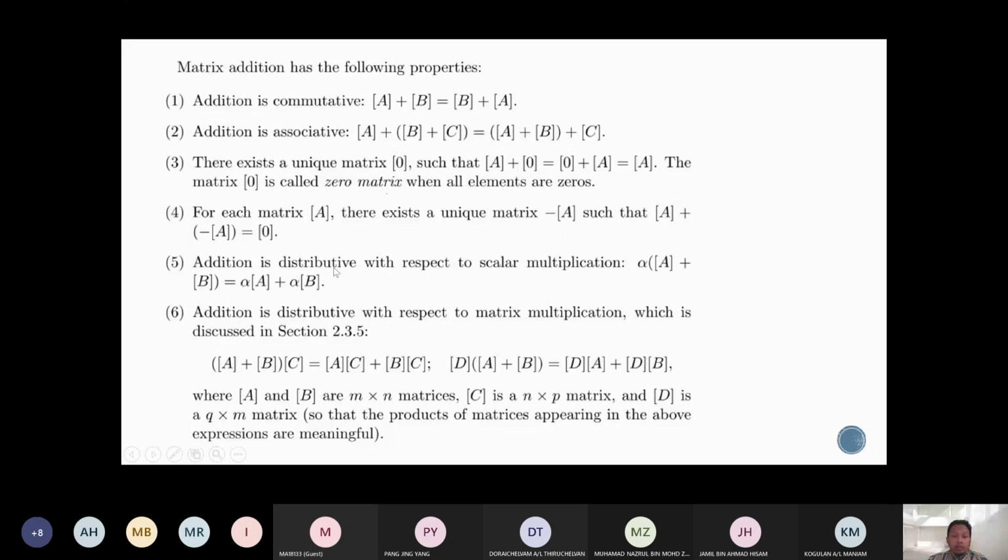Addition is also distributive, similar to addition of scalar values.